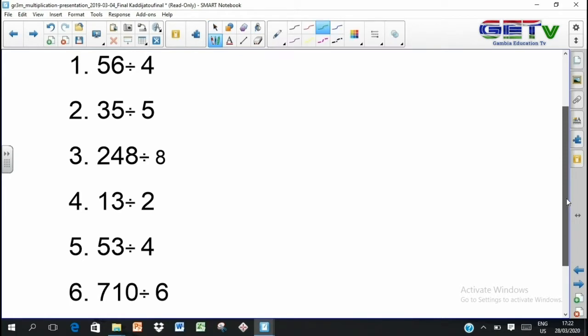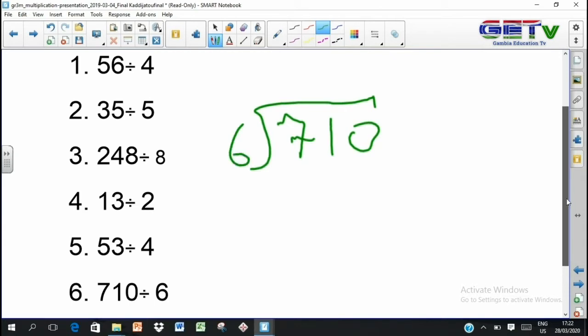710 divided by 6. 7 divided by 6 is 1. 1 times 6 is 6. 7 minus 6, we have 1.